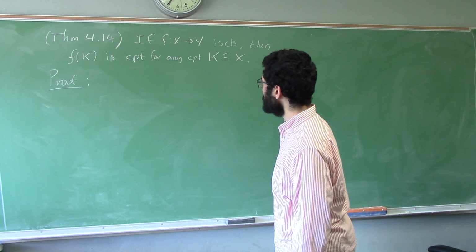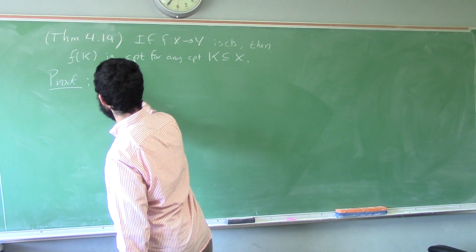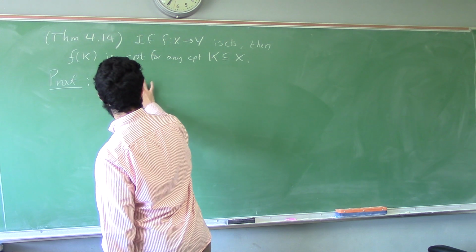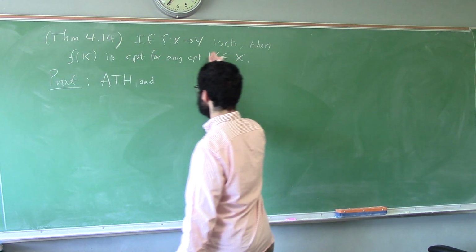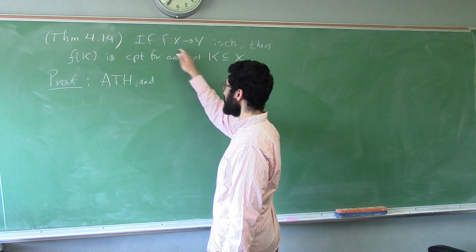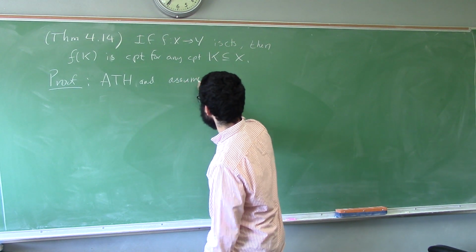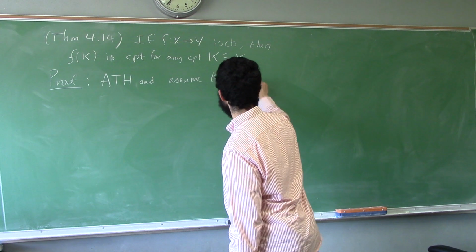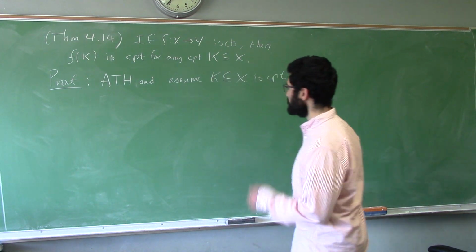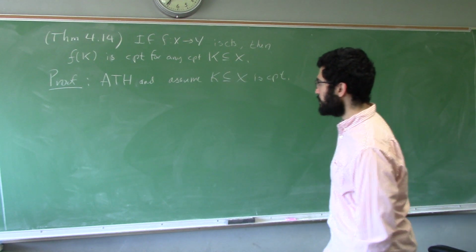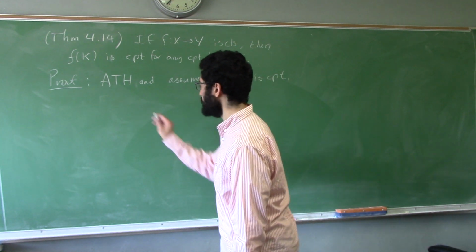Okay, so let's assume the hypotheses, which just means assume that f is a continuous function from X to Y, and assume K is compact. Then how can I prove f(K) is compact?